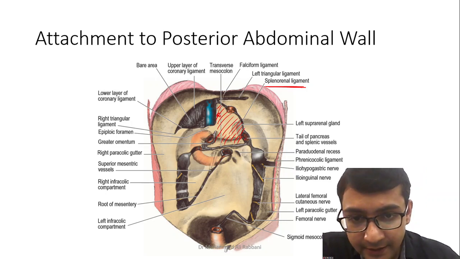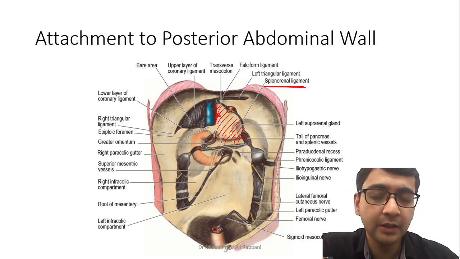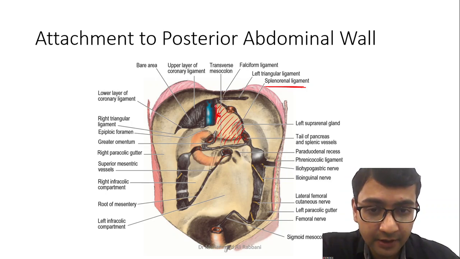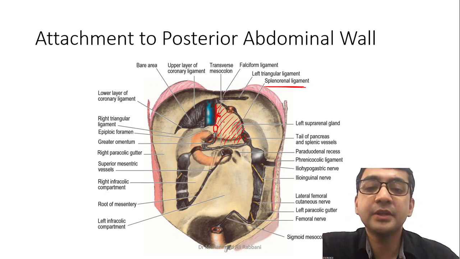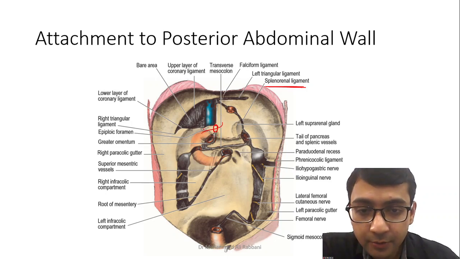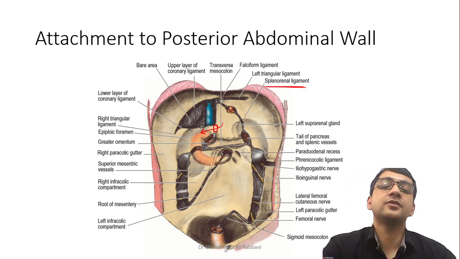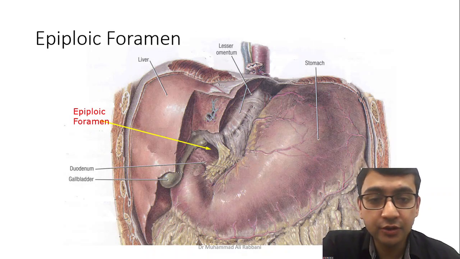On the right side, on the upper aspect, it is limited by the bare area of the liver and the inferior vena cava, but there is only one opening that allows the communication between the lesser sac and greater sac. This opening is known as the epiploic foramen.